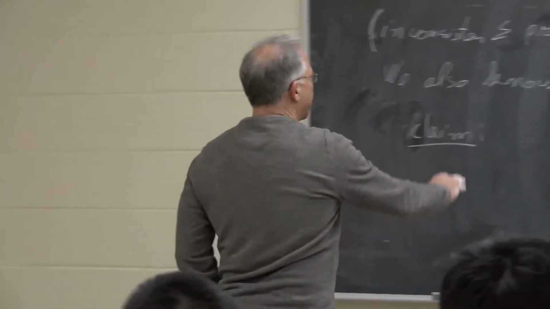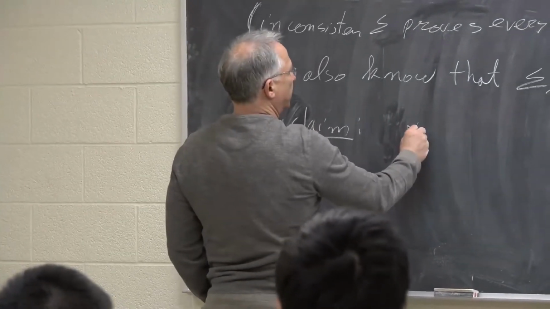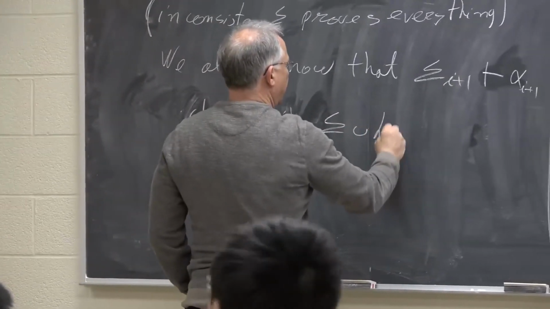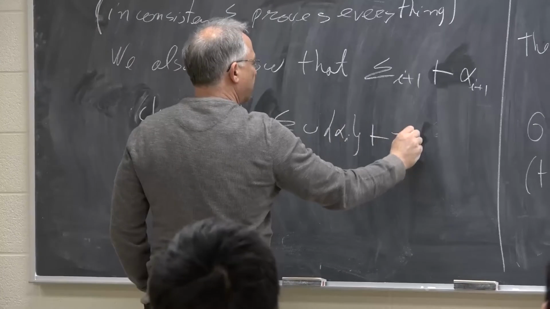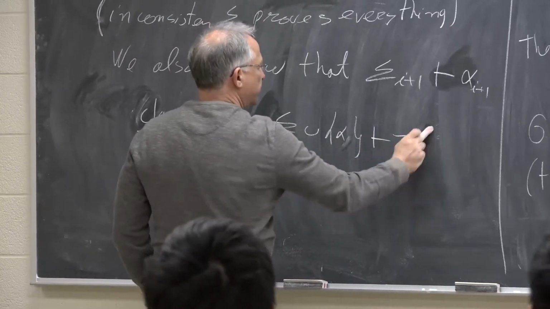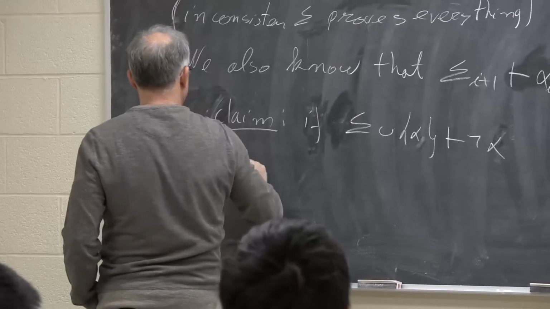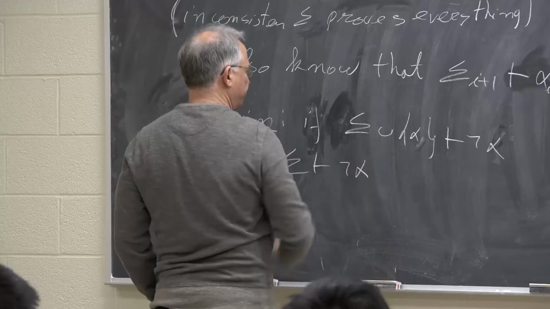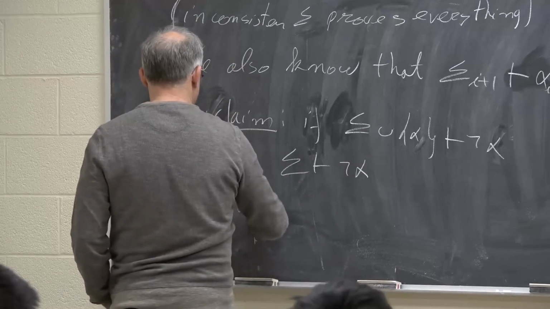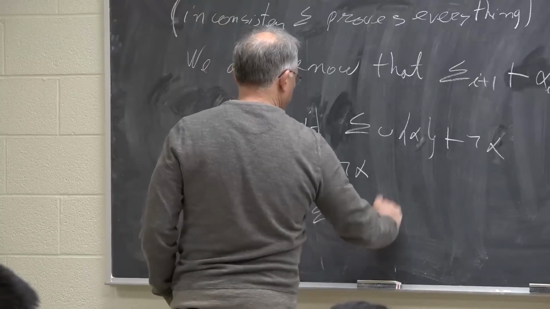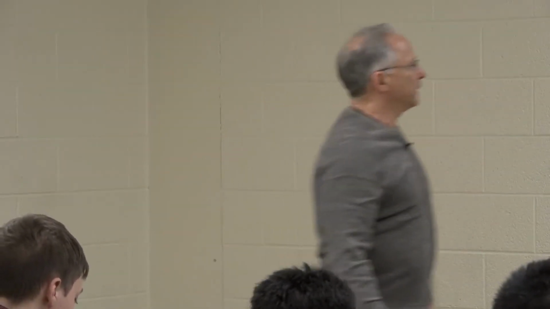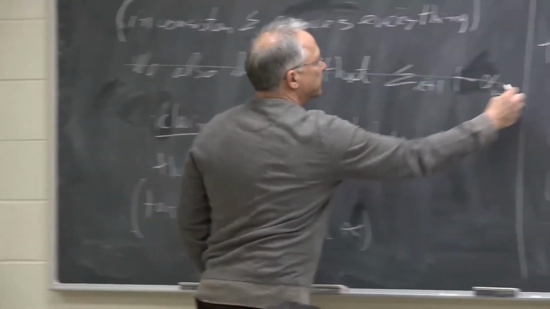So the claim will be that if sigma union alpha proves not alpha, then sigma already proves not alpha. And this is for every sigma and alpha. So I don't even need this.